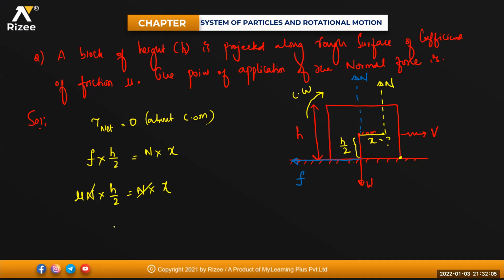This N gets cancelled, so x will be equal to mu into h divided by 2. This is the value of x at which the body is ready to topple.